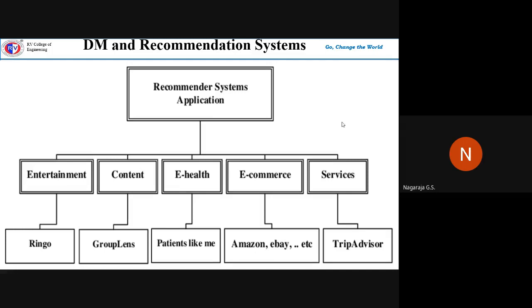Let us say you want to download some content on a particular topic to read by yourself. You always ask your friend, is this good or not? Once you get some recommendations, obviously you go with that particular content. So that's a recommender system. Or let us say you want to go for a movie.